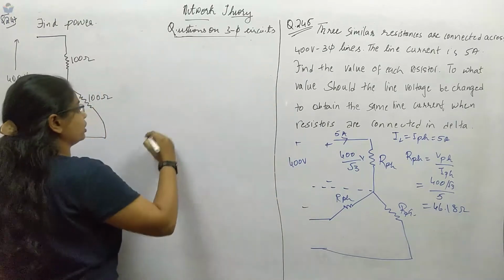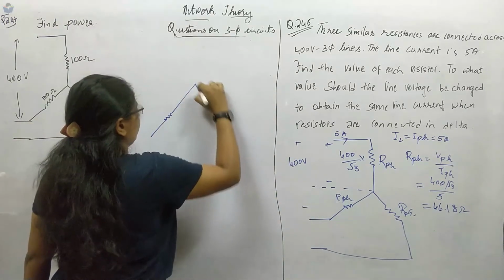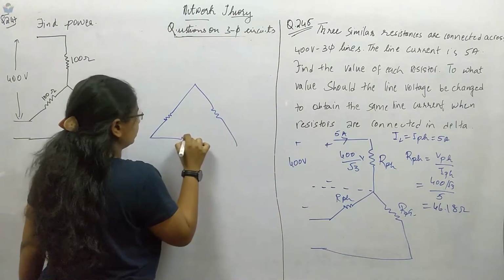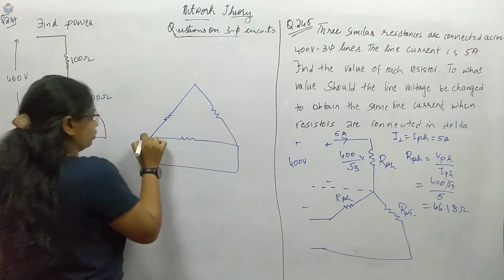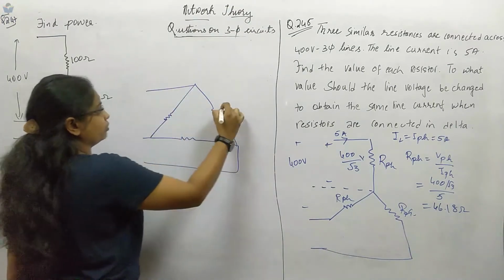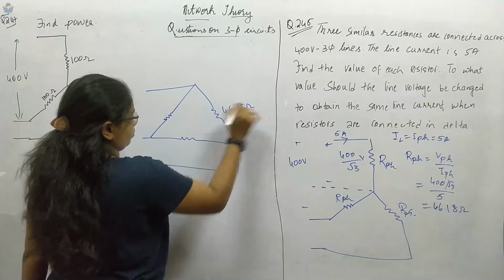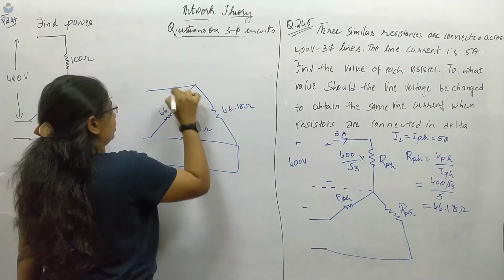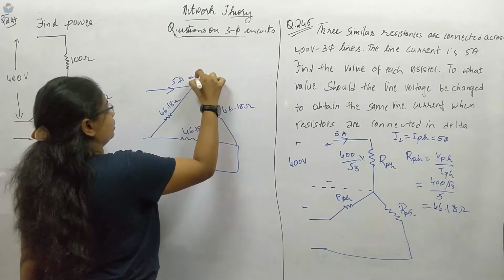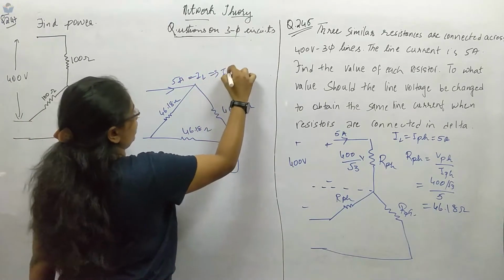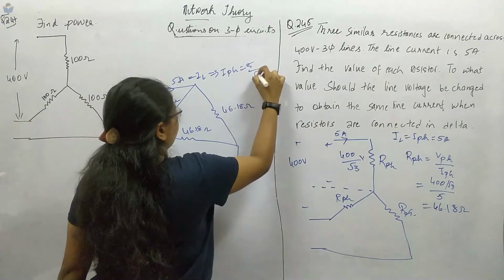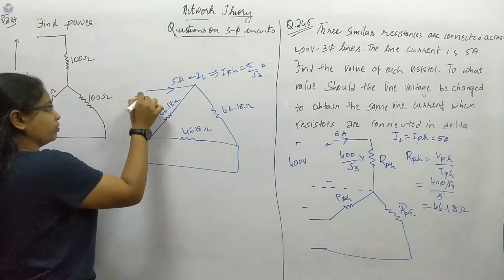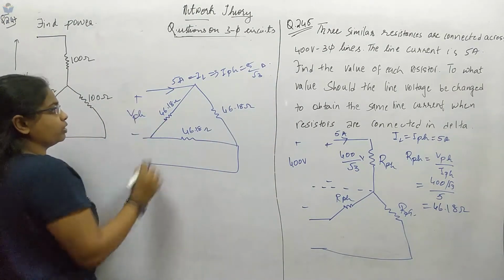So now the question is, here we have delta connection, for the same value of line current and resistor values. This is line current equal to IL, which implies IPH will be 5 by root 3 amperes. So we have to find out line voltage.